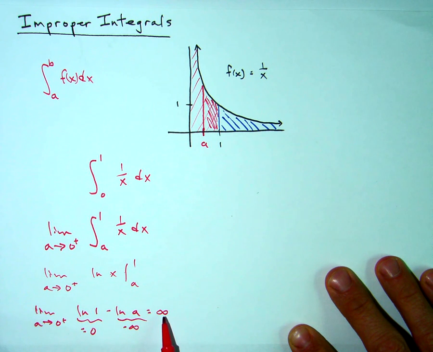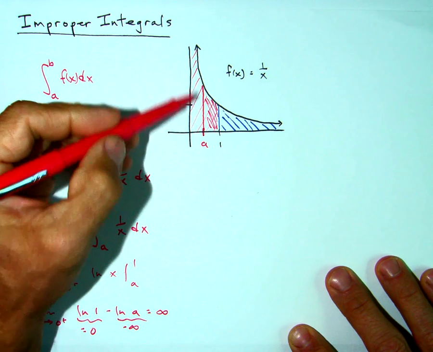They use it as a number, plug it in and do arithmetic with it. But infinity is not a number. It's not something that obeys the laws of arithmetic. It's an idea. It basically means unbounded. So we have to be careful with that. This basically just says that this area is unbounded.